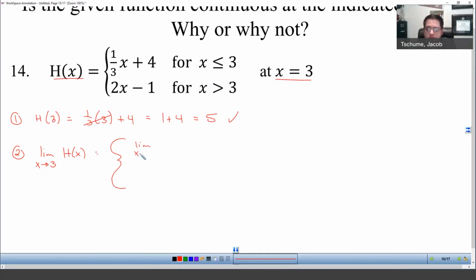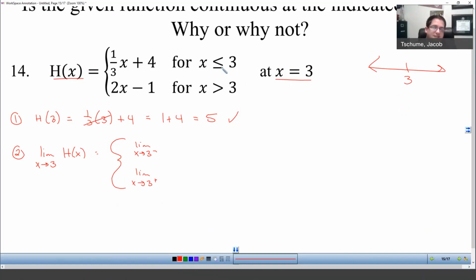We're going to do the limit as x approaches 3 from the left, and the limit as x approaches 3 from the right. Because remember, for the overall limit to exist, the left and right have to be the same number. Now, if you think of a number line here, I don't have the graph in front of me, but thinking like a number line.